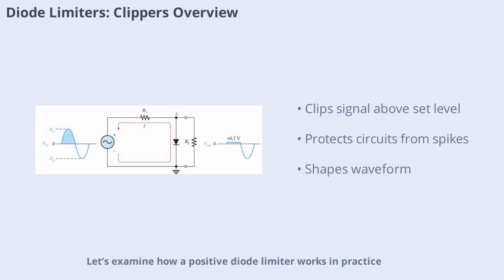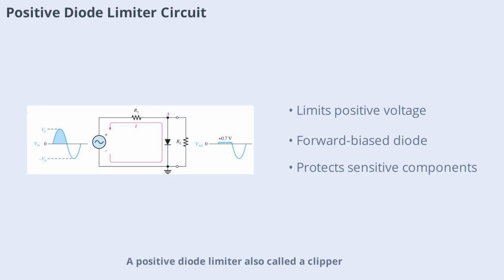Let's examine how a positive diode limiter works in practice. A positive diode limiter, also called a clipper, is designed to restrict the positive part of an input voltage. When the input voltage exceeds a certain threshold, the diode becomes forward biased and conducts, effectively clipping the voltage to that threshold.